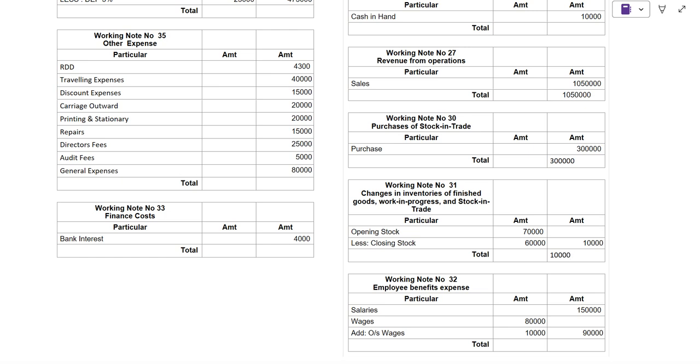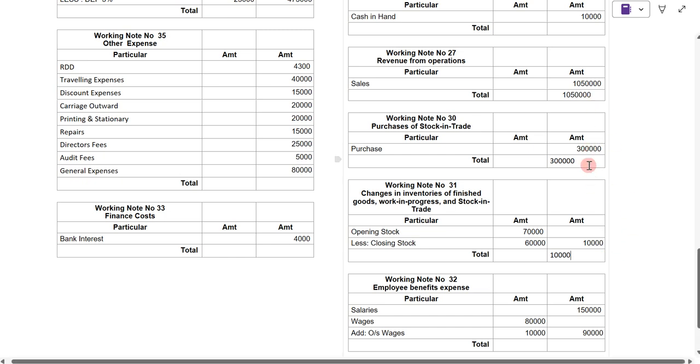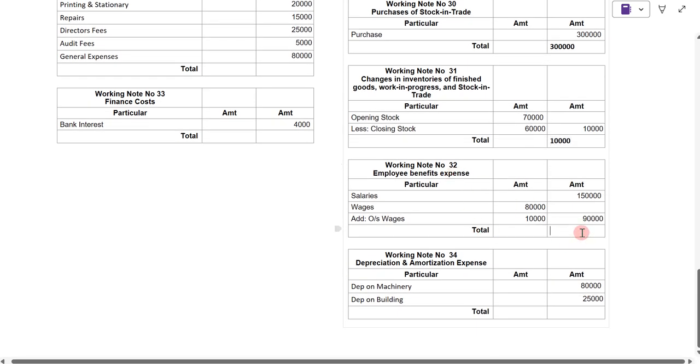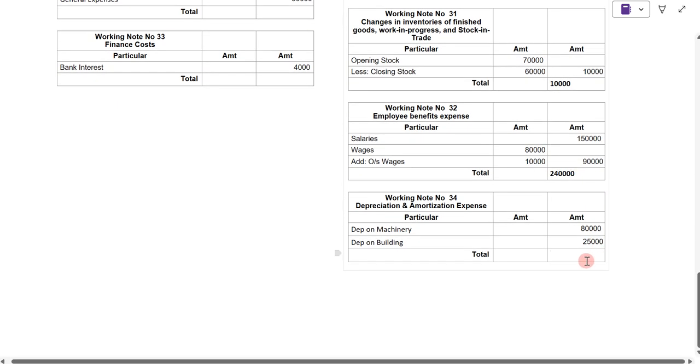Next for note number 31. Note number 32, total is 1,50,000 plus 90,000, 2,40,000. Then note number 34, 80,000 plus 25,000, 1,05,000.